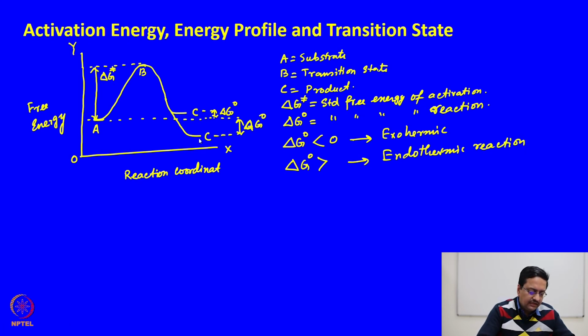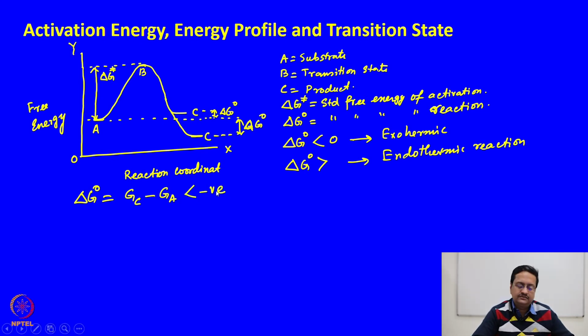So, here in this case, normally this delta G 0 is nothing but the G of C minus G of A. In the case where the energy of C is lower, this is negative.